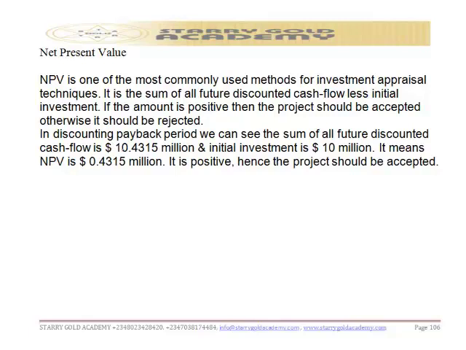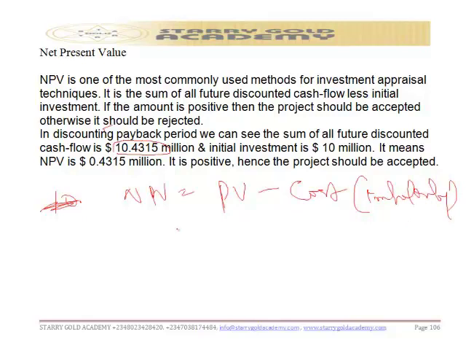And in our hypothetical example, our discounted cash flow is 10.4315. So 10 million, 10 point, let me write the model first. Net present value is equal to present value minus cost, or we call it initial outlay. If that is the case, our present value is 10 million 4315 minus 10 million.